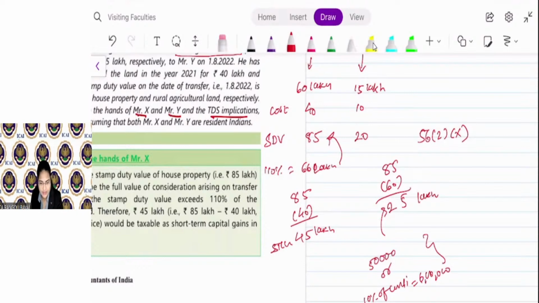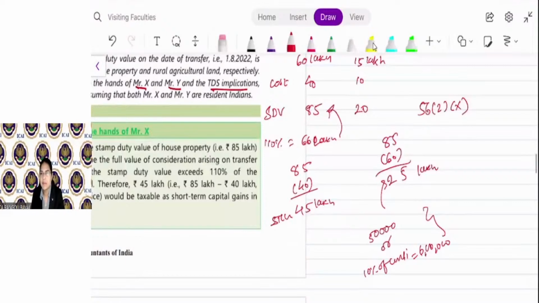Mohammed, here the indexation is not available because there is a short-term capital gain. Indexation is available in case of long-term capital gain. So here, the difference between stamp duty value and consideration is more than 6 lakh, that is the higher of 50,000 or 10% of consideration. So in this case, this 25 lakh is taxable as income from other sources in the hand of Mr. Y under section 56(2)(x).